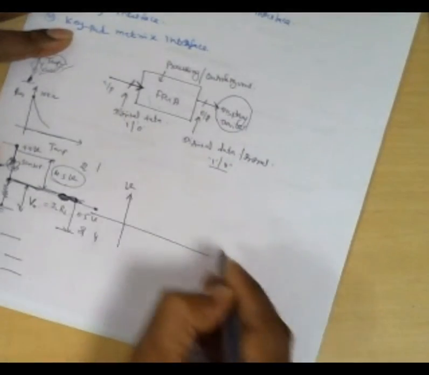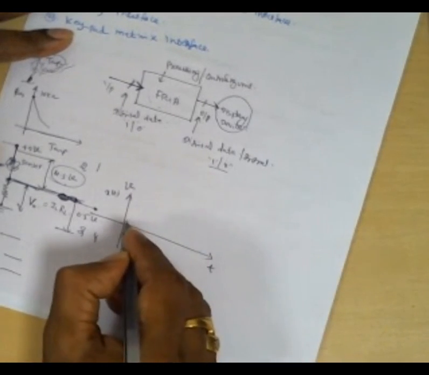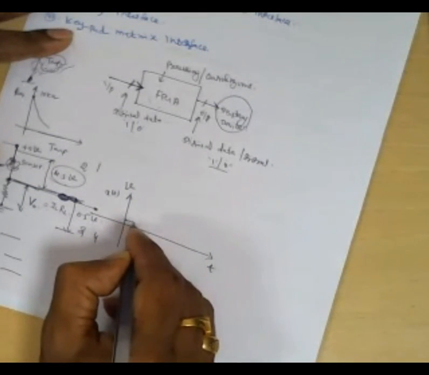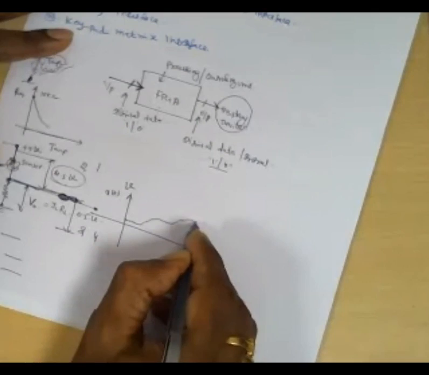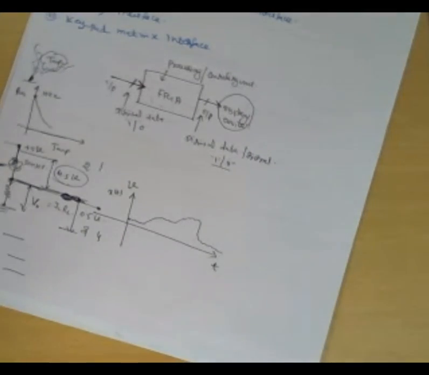This is the voltage, this is t, you can take this as X of t. For example, it may be 1 volt like this, then going to 2 volts, going to 3 volts, then coming down like this. So this is a random variable. Why is X of t a random variable?